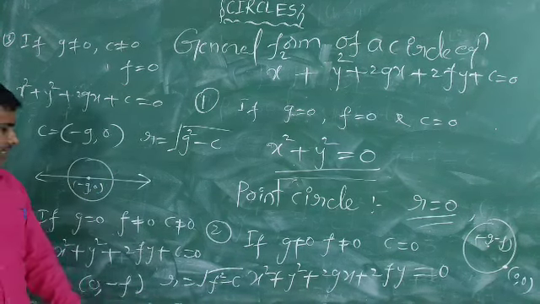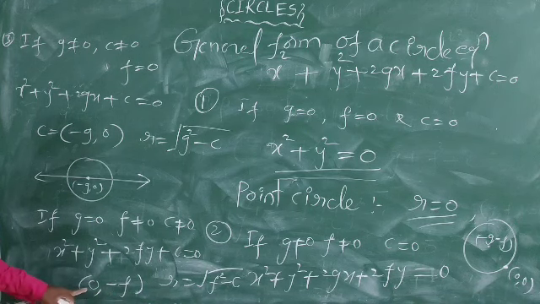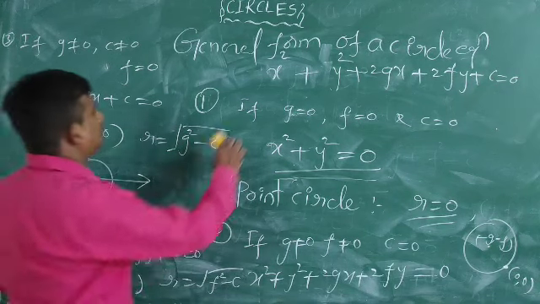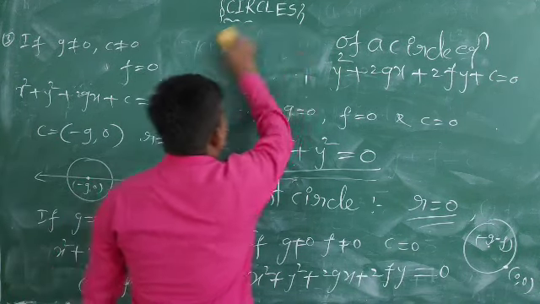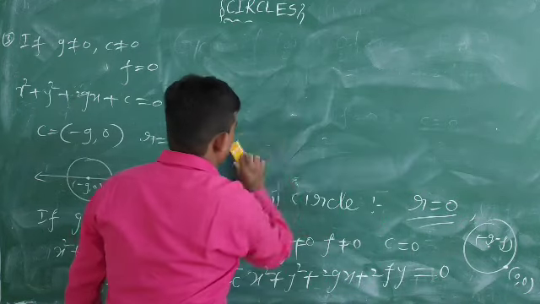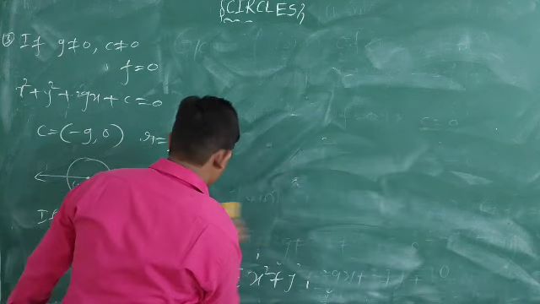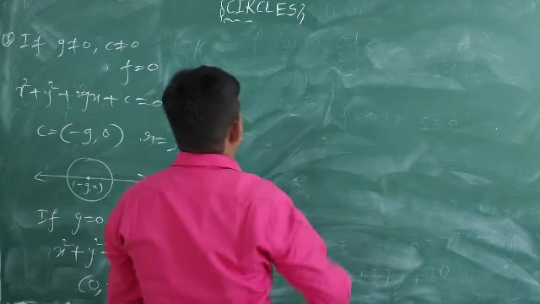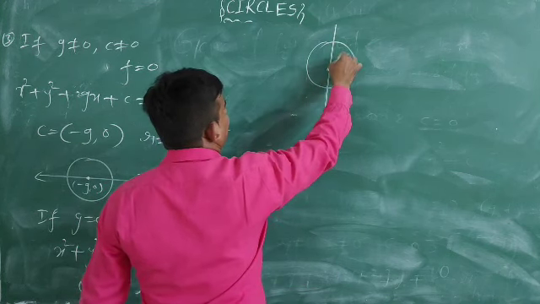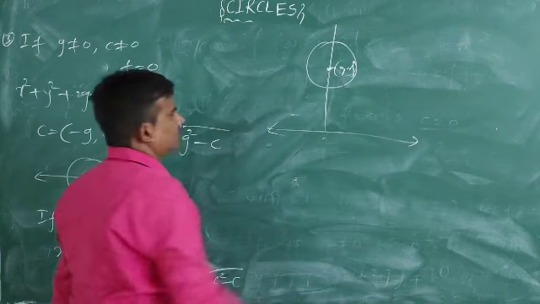In this case the x coordinate is equal to 0, that's why the center lies on the y-axis. So it represents a circle whose center lies on the y-axis, at (0, minus f).